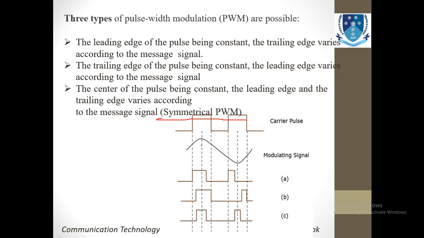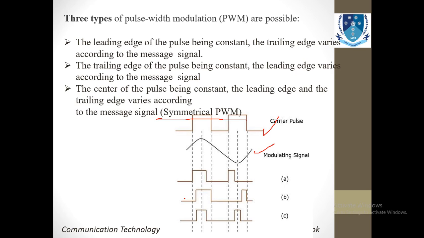So this is the kind of scenario in which this was the carrier pulse, and you can see this was your modulating input signal. This is the first case in which the leading edge of the pulse is constant and the trailing edge varies according to the symbol that is fed into the system.